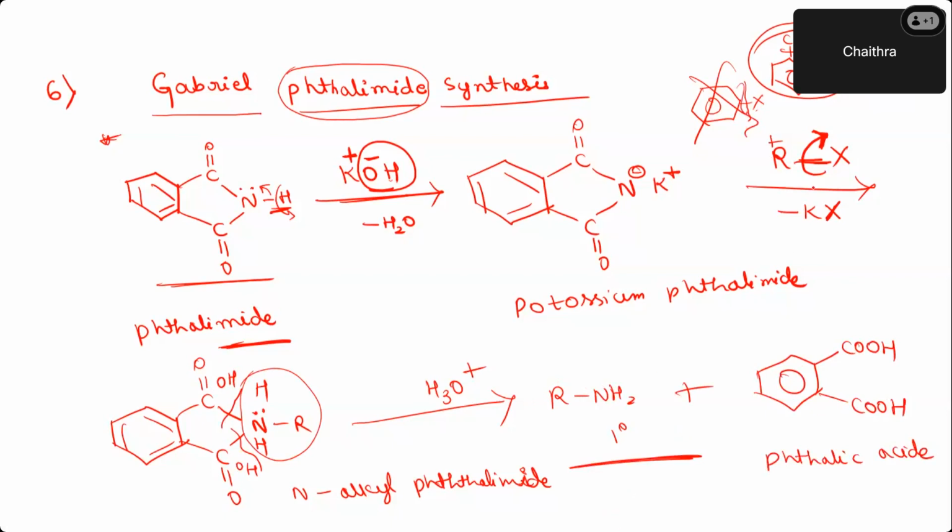So if I take one example and try to show you the product. Take phthalimide only. With this you take KOH. Continue the reaction.